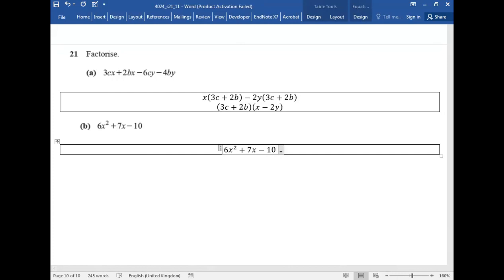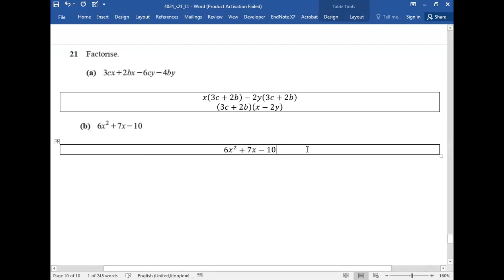Now we need 2 numbers which we can write in place of plus 7, but their product must be minus 60. And I've told you people, whenever the product is negative, think about subtraction. 2 such numbers which you can subtract and get 7. 12 and 5, and their product is minus 60 or not? 2 numbers which you can subtract and get 7.